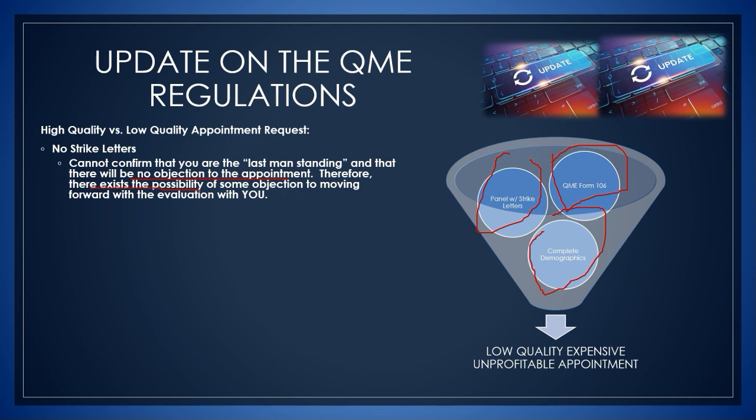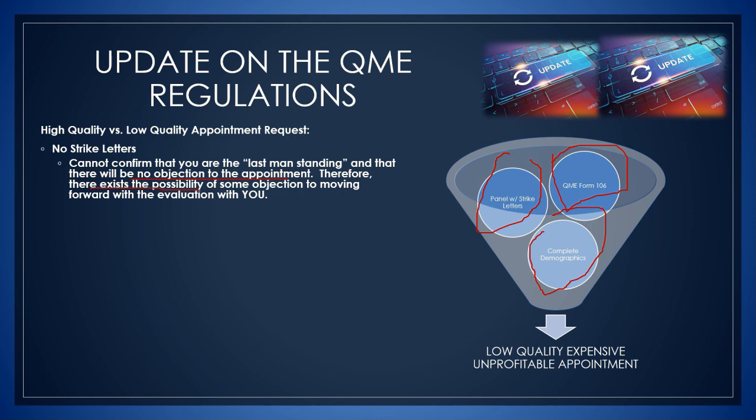So imagine you spend all this administrative time gearing up, ramping up, getting excited, only to learn that one or the other of the parties has some objection. Some objection, like what? Like they say, we never even knew a panel was issued in the first place. Or we have an objection to even using a panel QME.